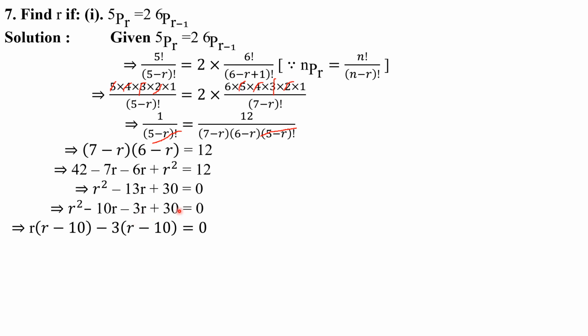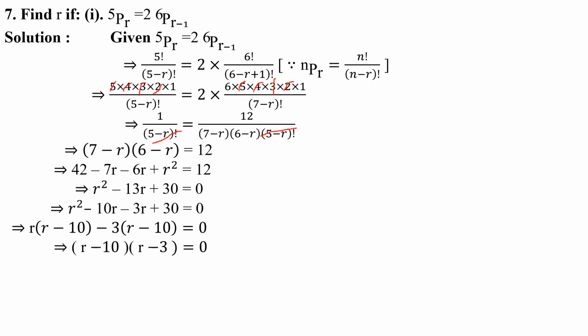From the last two terms, minus 3 is a common factor, so we have taken minus 3 outside, so minus 3 into (r minus 10) is equal to 0. Again, r minus 10 is a common factor, we take out (r minus 10) as common factor, then we get (r minus 10) into what is left here, (r minus 3) is equal to 0. Understood this step, my children?